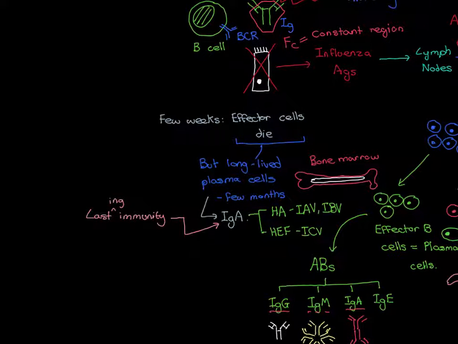So there's a new mechanism then for lasting immunity, and this is the secondary immune response, which I want to just briefly discuss. What we have just discussed is what we would call the primary immune response. When you initiate these B-cell responses and T-cell responses for the first time, that is what we call a primary immune response.